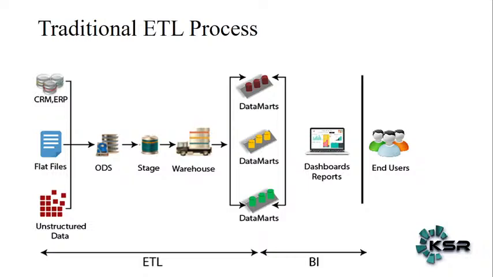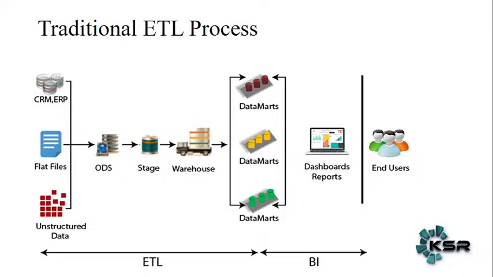Now, just to give an overview of how this traditional ETL process works, well, we get the data and then we do all types of transformations. It can be loaded into intermediate tables, staging tables, and finally you are transmitting that data into the data mart.